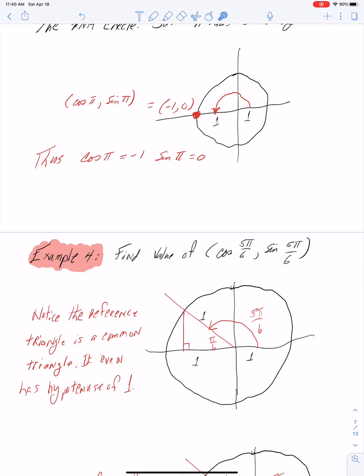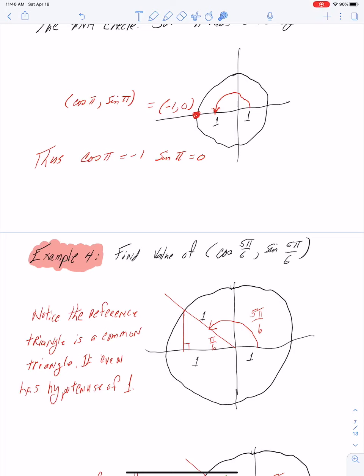Now, let's look at another angle that doesn't intersect the coordinate axes, 5 pi over 6. Okay, so think about 5 pi over 6. By the way, 5 pi over 6 is greater than 90 degrees. You don't find too many triangles that have one of those in there. Still, there could be some.